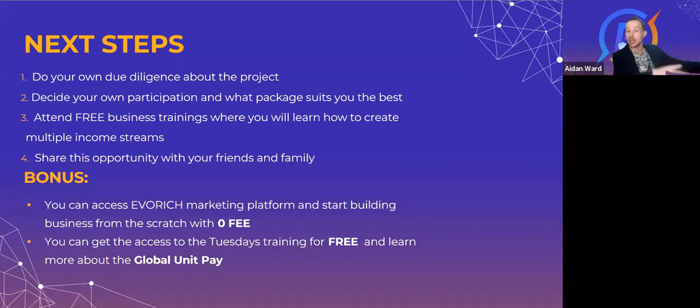So they get the legitimacy of Global Unit Pay. They're excited, happy days. And then they're also getting teased a little bit to get the FNT.